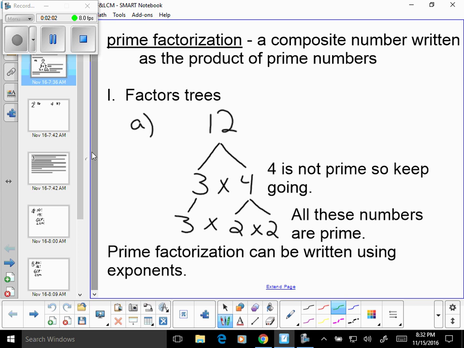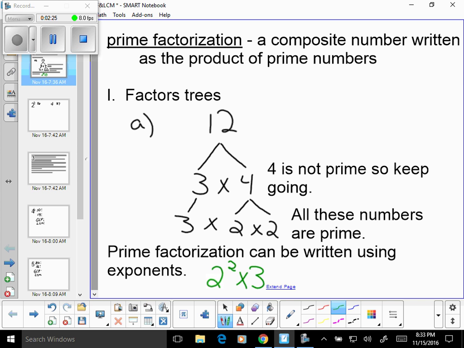Without the exponents, it would be 2 times 2 times 3, or with the exponents, it's going to be 2 squared times 3. The exponent tells us how many times that number appears in that bottom line of the factor tree.